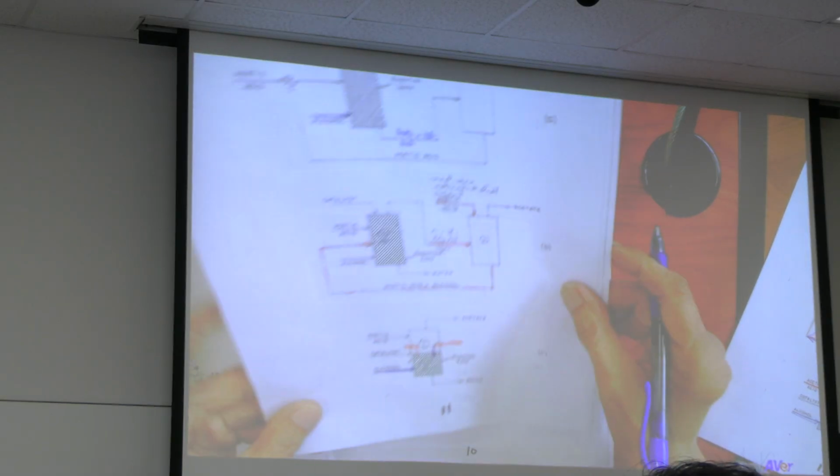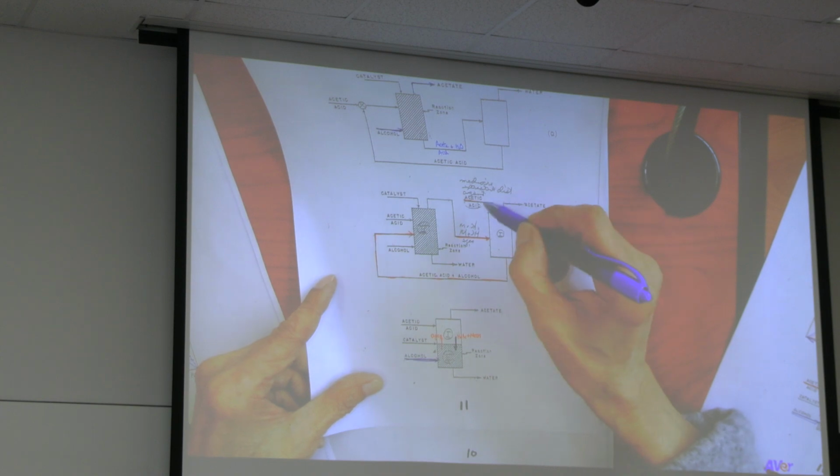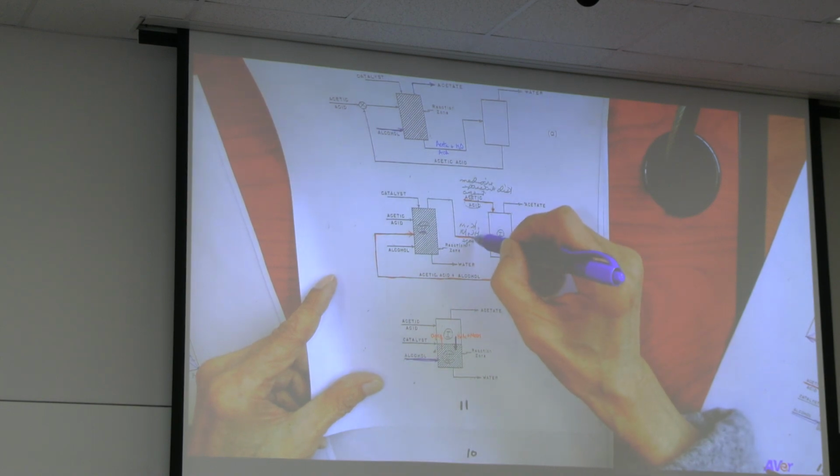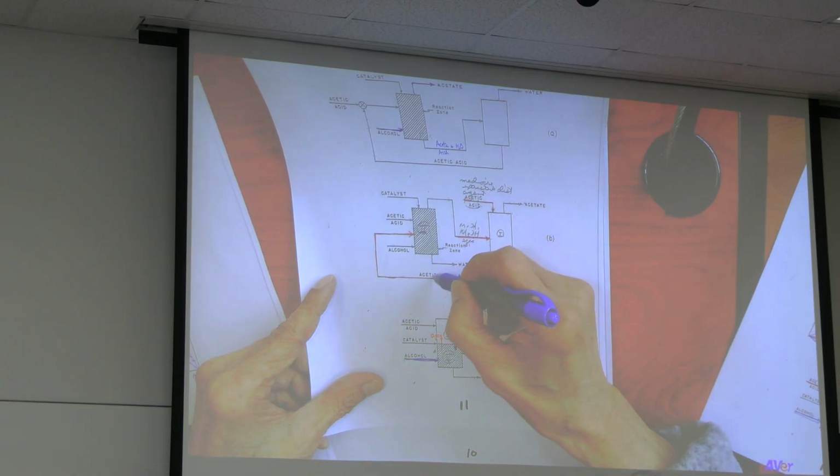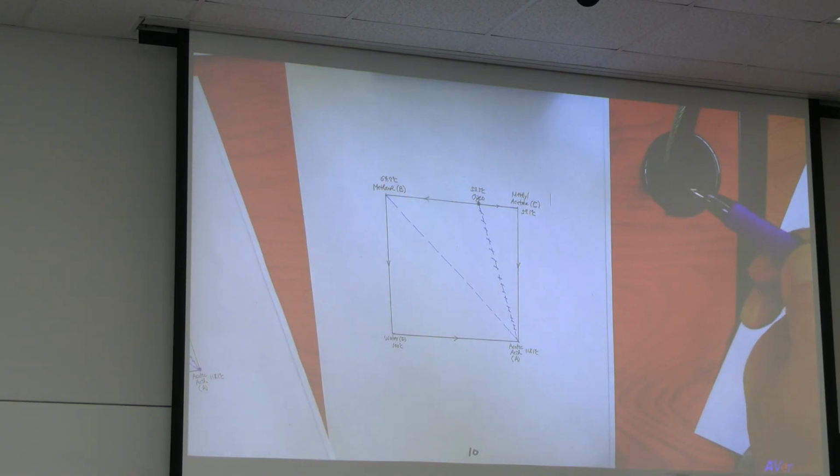Okay, you see here, acetic acid, azeotrope, methyl acetate mixture.